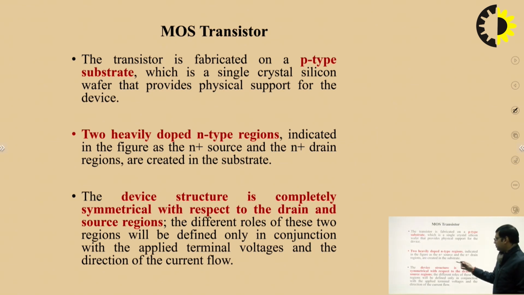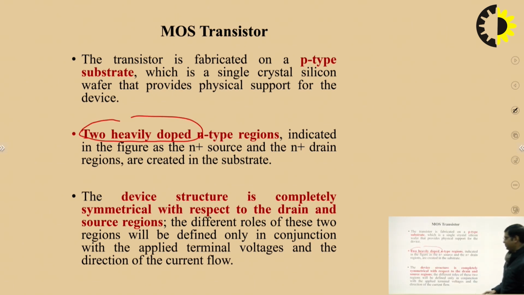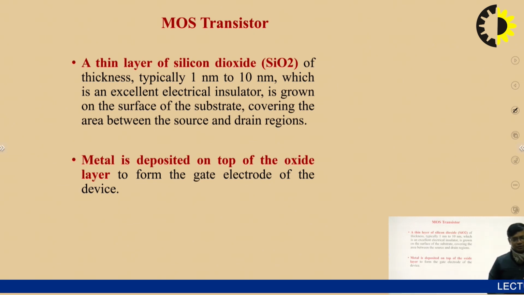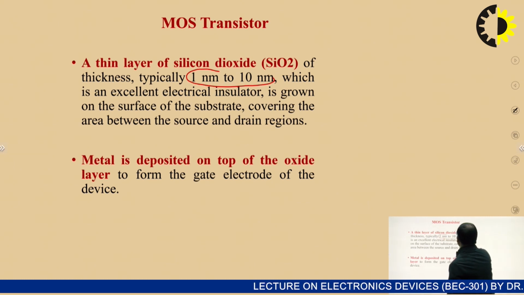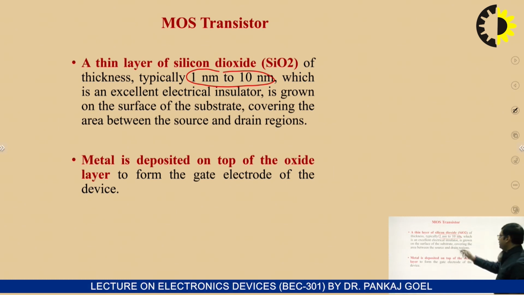Here we can see that there are two heavily doped N-type regions, which are known as source and drain, and the device structure is completely symmetrical with respect to drain and source. The silicon dioxide layer that is used to create a separation between the gate terminal and the semiconductor is typically of thickness 1 nanometer to 10 nanometer, and it acts as an excellent insulator.